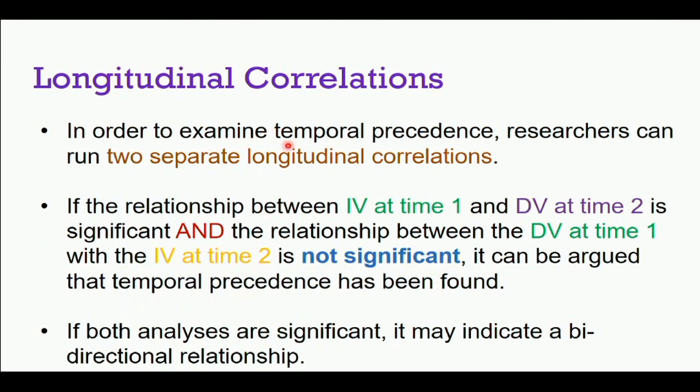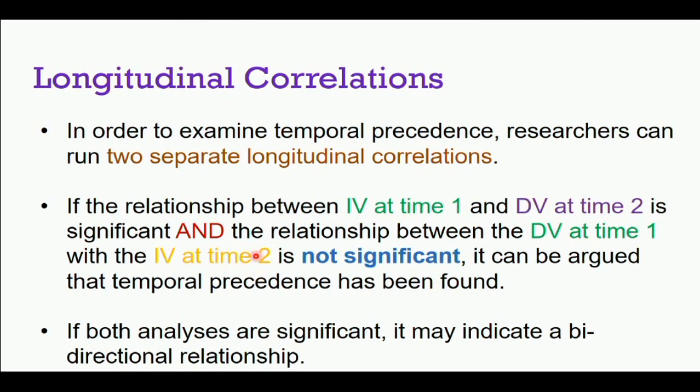So in order to establish temporal precedence, researchers can run two separate longitudinal correlations. So we measure the IV at time 1 and the DV at time 2, but we also measure the DV at time 1 and the IV at time 2.